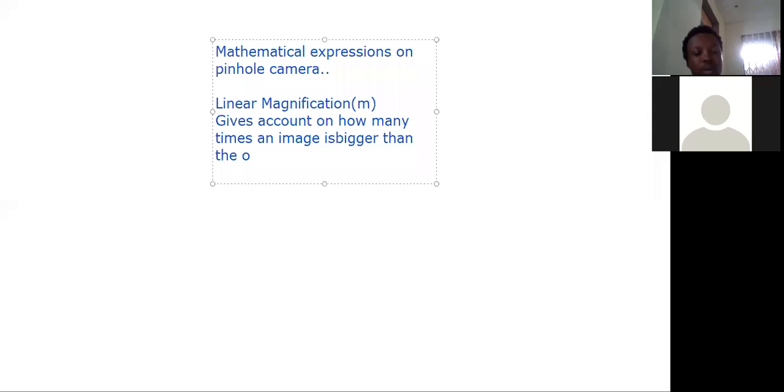Now bear with me that when you have a camera, or when you are taking someone's picture, normally the distance from the camera to where the person is plays a lot of role, and that is the object distance. So the closer you get to the person, the more appealing picture you get.